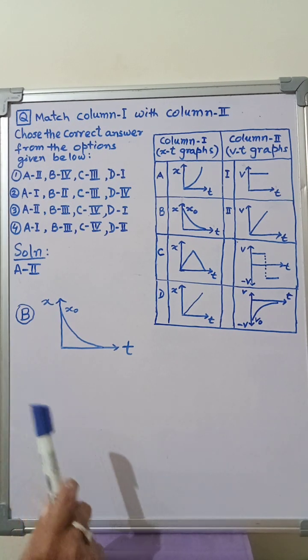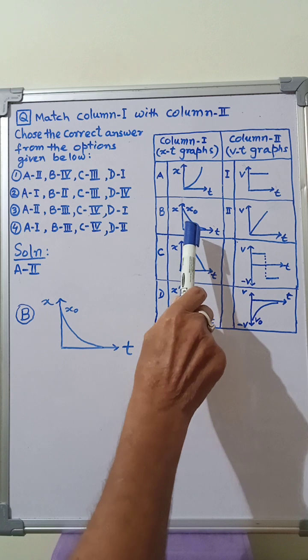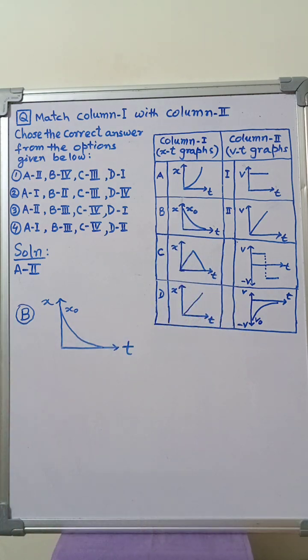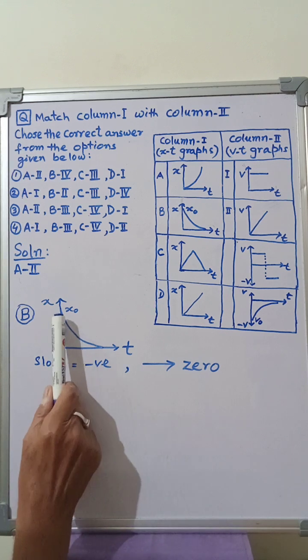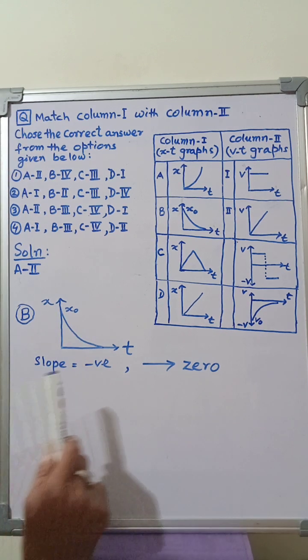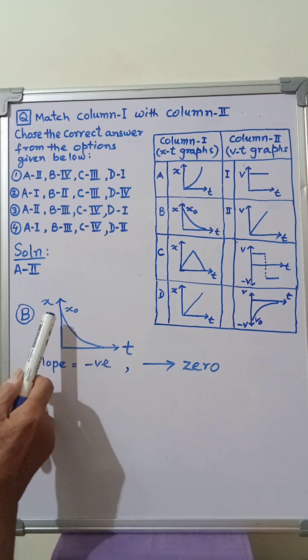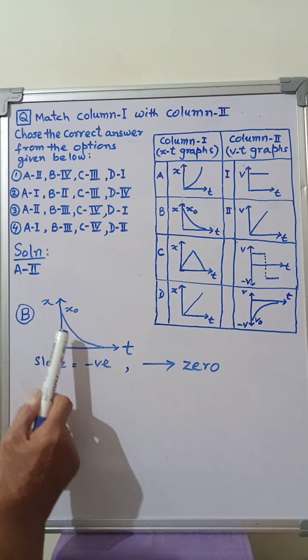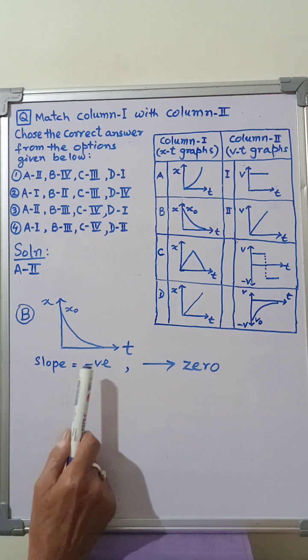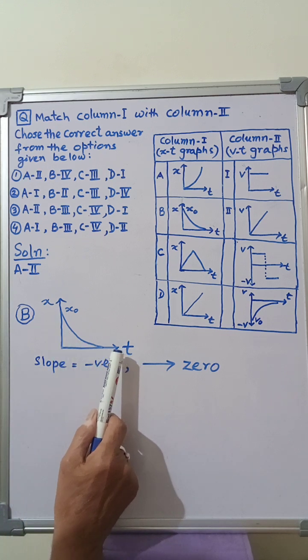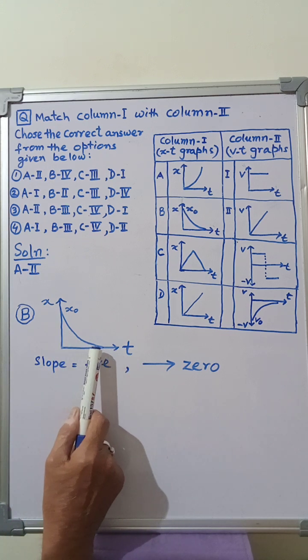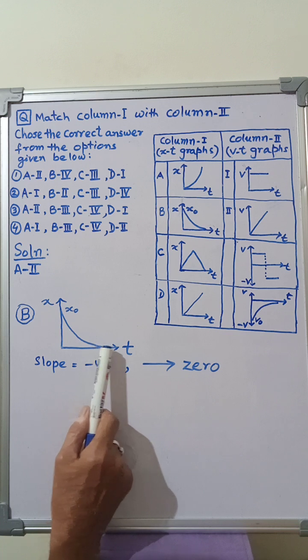Now, let us examine the second xt graph B. Initial position of the particle is equal to x0 at time t is equal to 0, and the slope is negative because it is coming down. Slope is negative, and finally it approaches 0 value because it becomes almost parallel to the time axis.